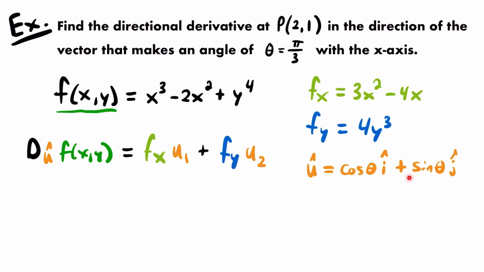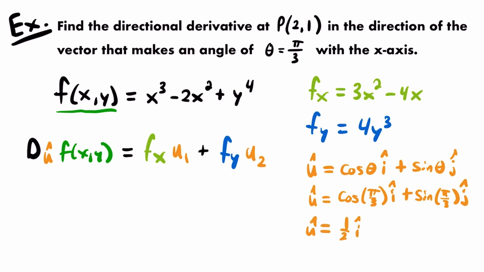And so we know that theta, in this case, is pi divided by 3, so we will have that the unit vector is equal to cosine of pi divided by 3 times i plus sine of pi divided by 3 times j, and cosine of pi divided by 3 is 1/2, so we have u is equal to 1/2 i plus sine of pi divided by 3, which is the square root of 3 divided by 2, multiplied by j. All right, and so what we have found here is that u1 will be 1/2 and u2 will be the square root of 3 divided by 2.